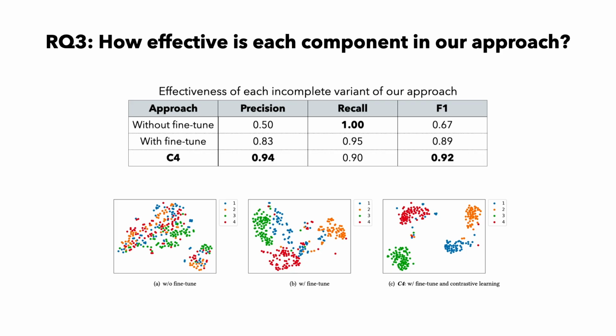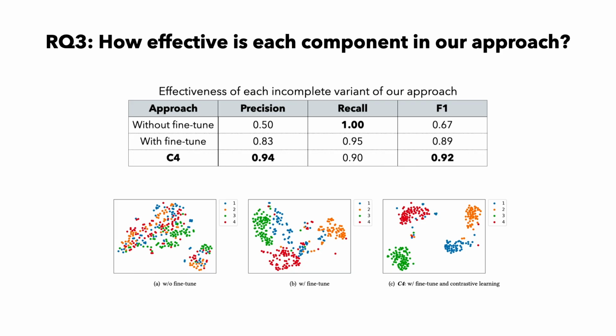During the fine-tuning process, we use MSE as our loss function, which is used in the original CodeBERT. The table shows that without fine-tuning, the model regards all pairs as clone pairs, and contrastive learning can improve the precision score very much. We visualize the code vectors to help understand and explain why the vectors produced by C4 are better than the vectors produced by others.